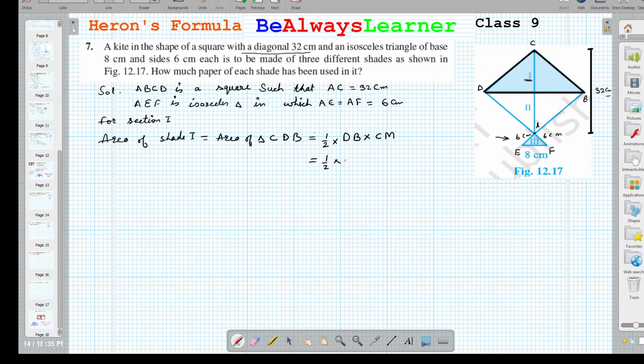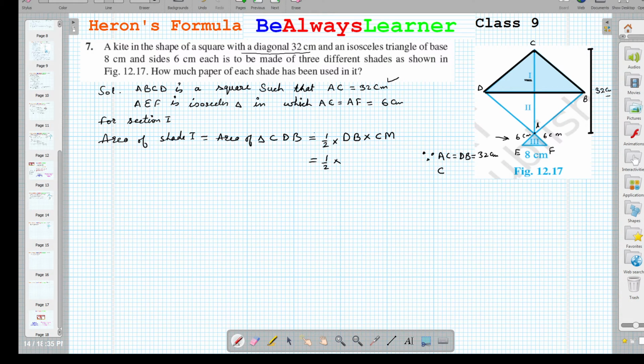DB is, because it is a square, so we can say that AC is equal to DB, and that is equal to 32 centimeter, already given, right?